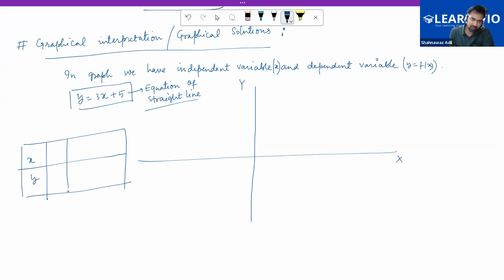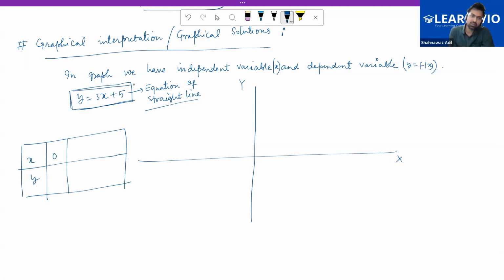So let's say we want to calculate for x equals 0. Y would be how much? Yes, this is the equation.